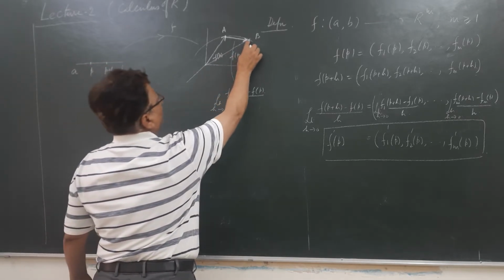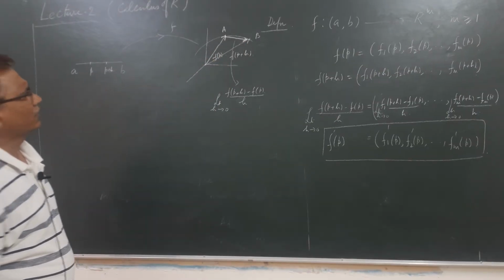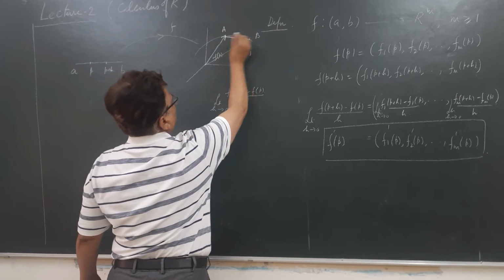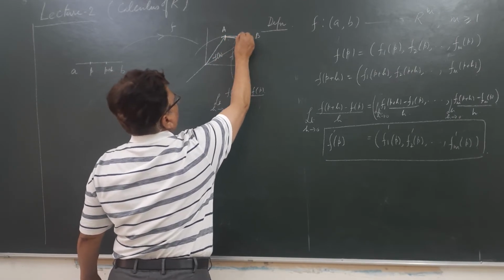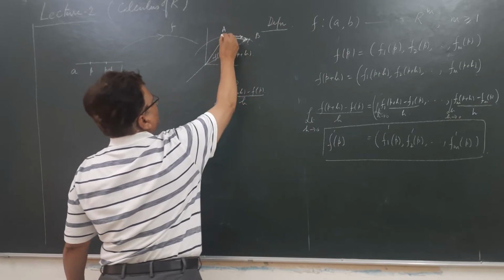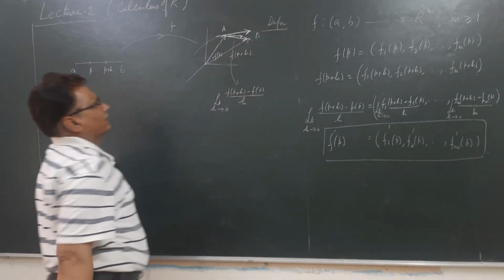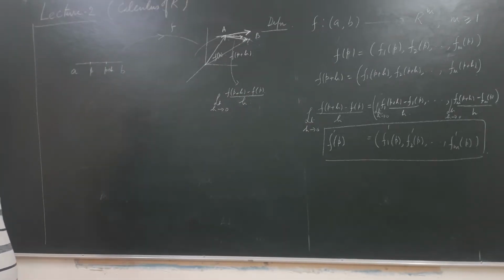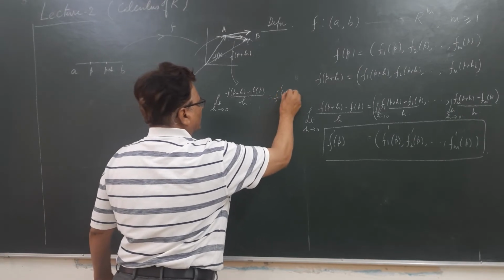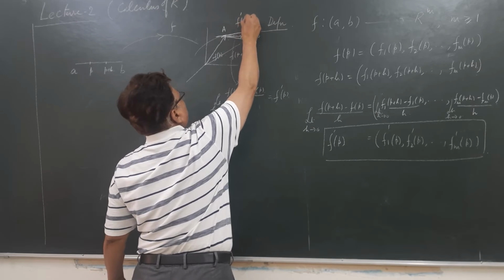The point B will tend towards point A, and the chord will go on like this. The next stage will be this chord, next will be this, and so on. When h tends to 0, it will become this vector, you call it a tangent vector, and which you say is f dash p. So actually you can see in this case f dash p is a vector.